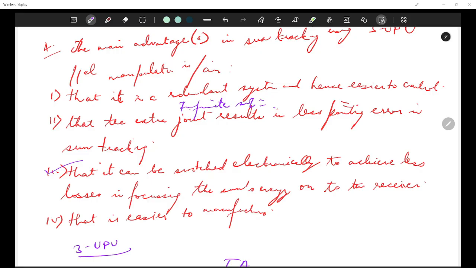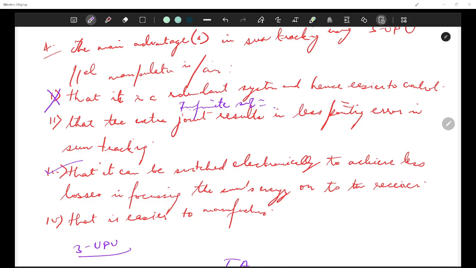And then there could be a need of optimization to select one. So the 3-degree UPU is not primarily advantageous because it is redundant. Its key advantage is reconfigurability and not ease of control. So option A is conceptually incorrect.